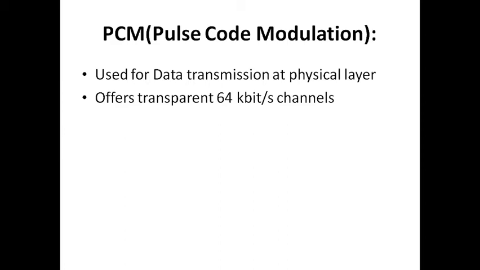If you want to transmit data at the physical layer, it typically uses pulse code modulation systems, as it offers transparent 64 kilobits per second channels, and this allows for submultiplexing of data. This is about pulse code modulation.